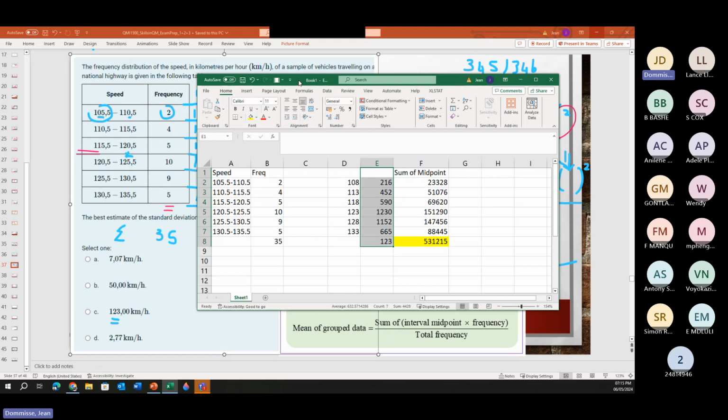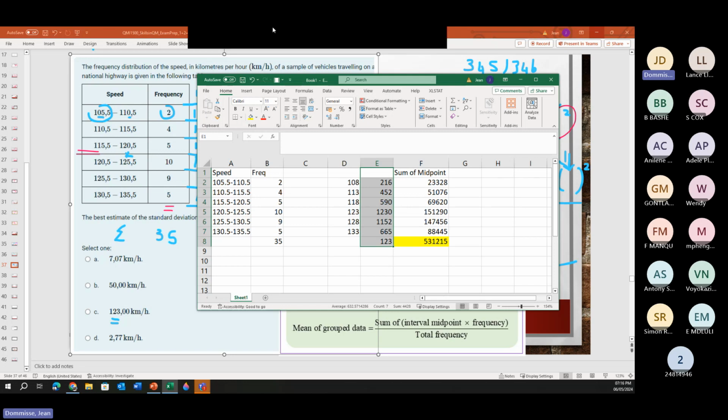So now you can see how they throw the different questions in between. Okay, so it's basically how I described it: the sum of the frequency times the midpoint divided by the frequency.